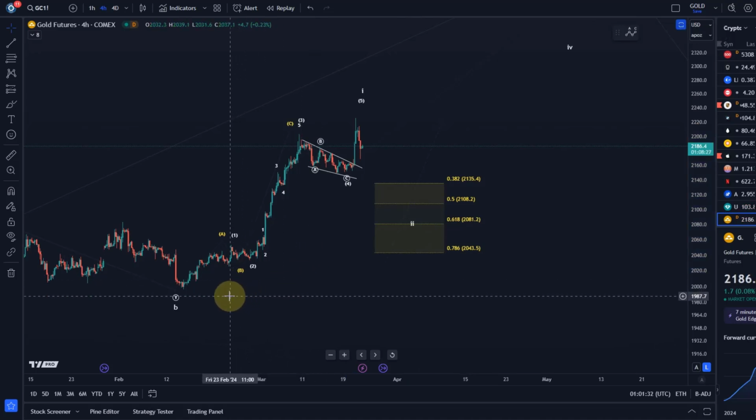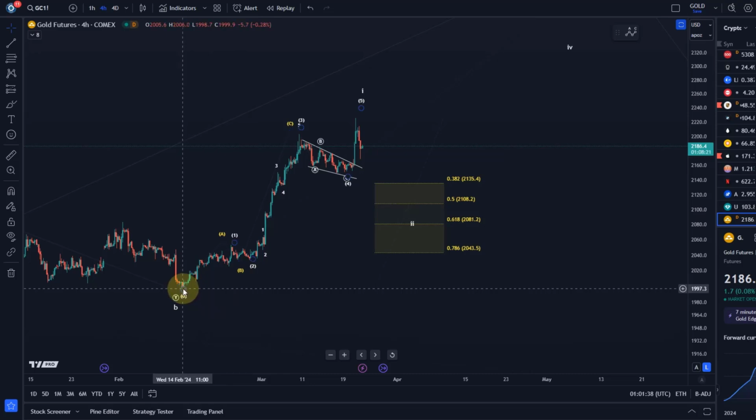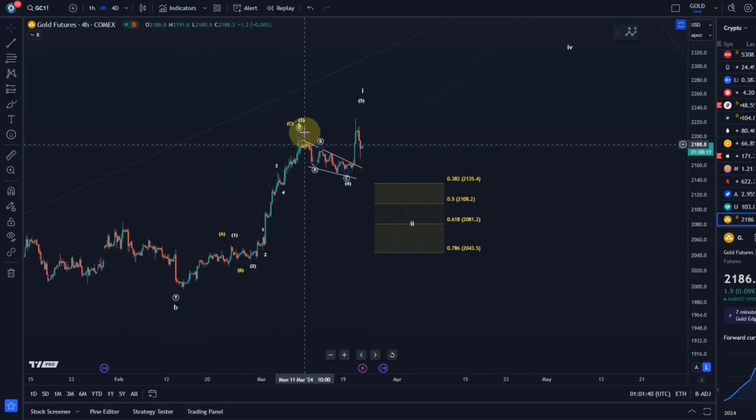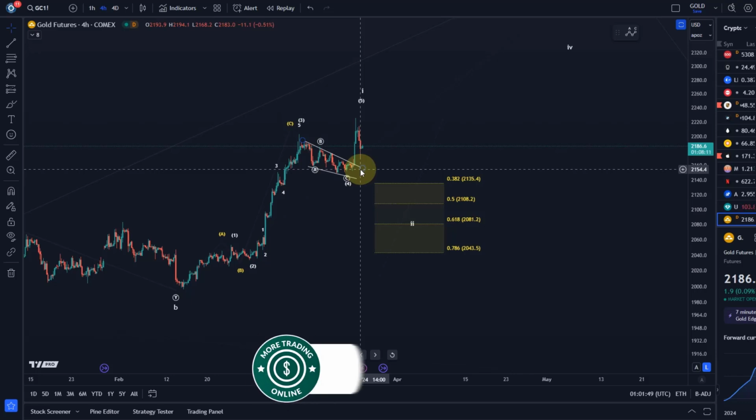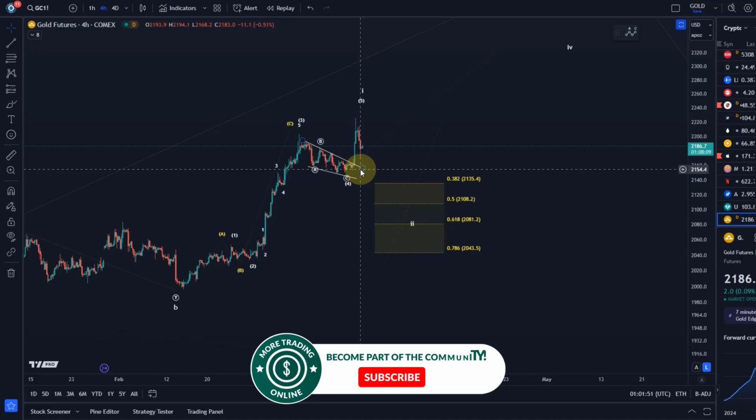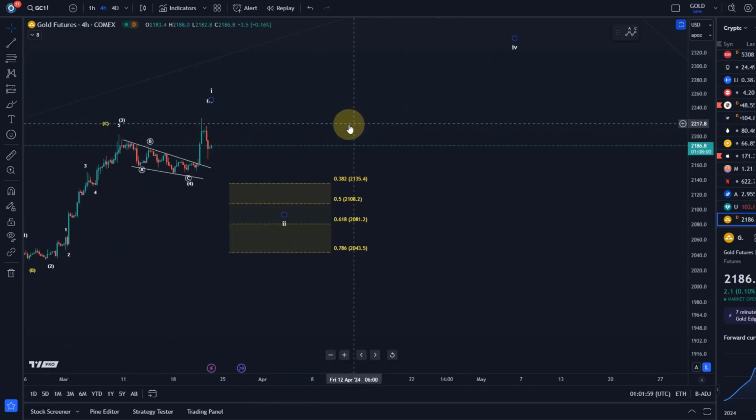Let me explain. So in this structure here, from the 15th of February low, we mentioned in previous videos that we could only count like 3 waves to the upside, right? The move down was corrective, so it gave us decent probabilities that there would be another move to the upside in wave 5, which could complete the wave 1 to the upside.